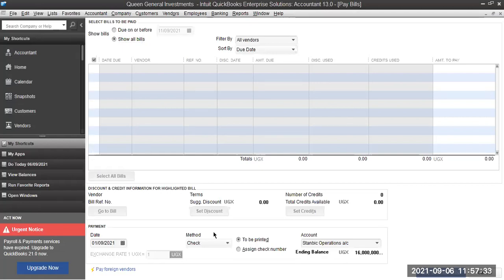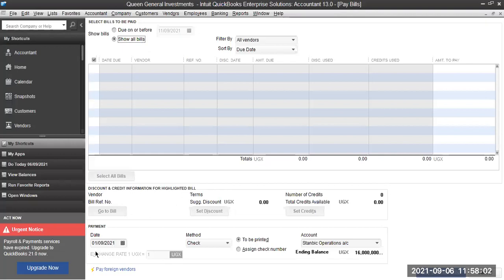When you are paying, when you come down here, we have the select bills to be paid, where it shows all the bills. Then there is this part here, discount and credit information for highlighted bills.